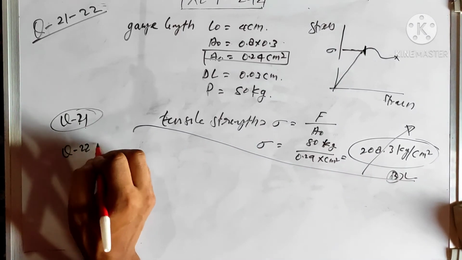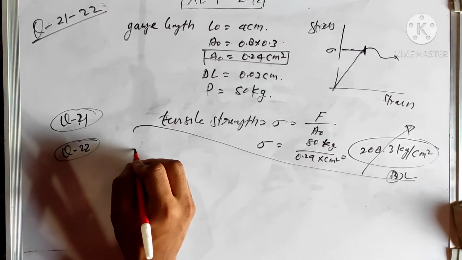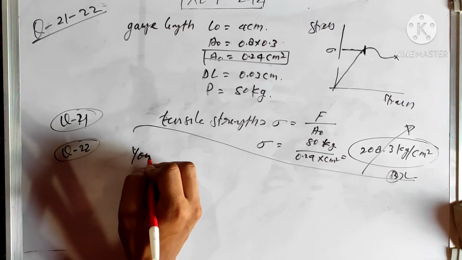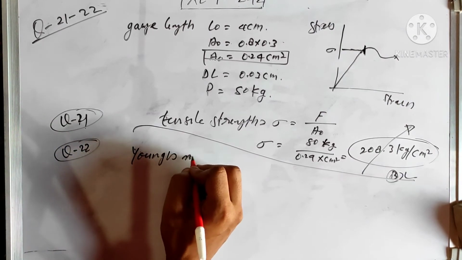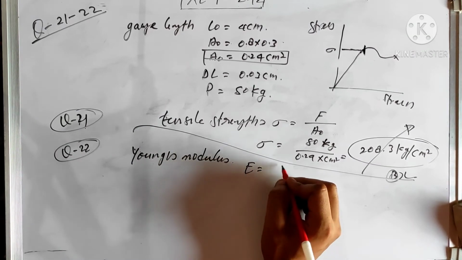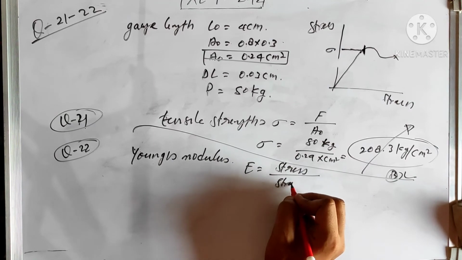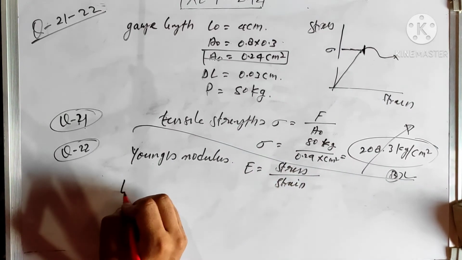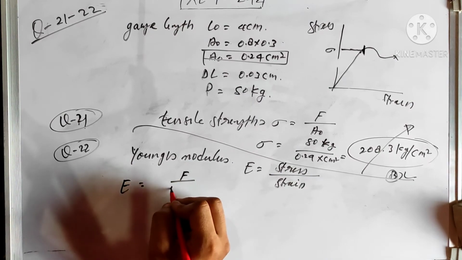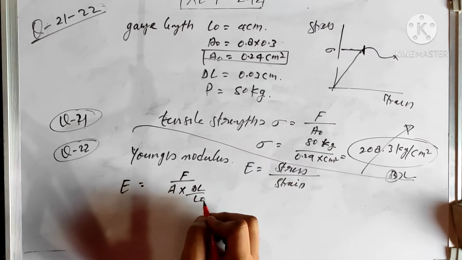In question number 22, it simply asks for the Young modulus. The Young modulus E is equal to stress divided by strain. Then E is equal to stress, which is force divided by original cross sectional area, divided by strain, which is change in length divided by original length.